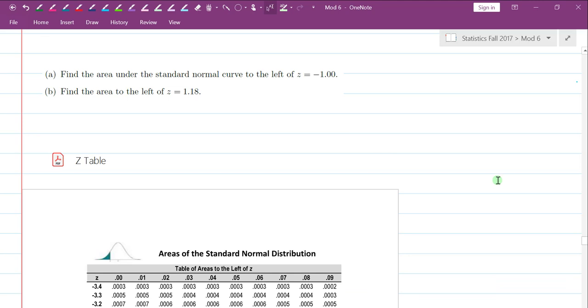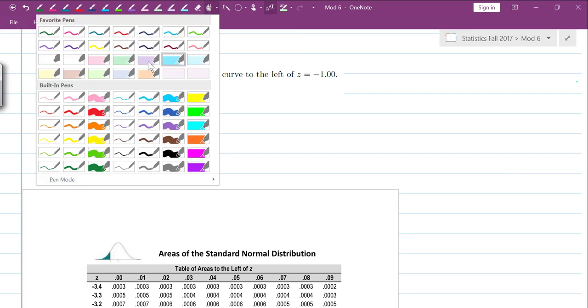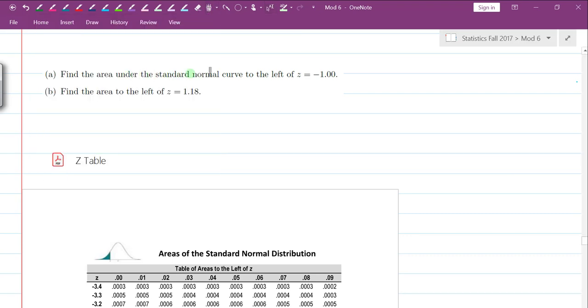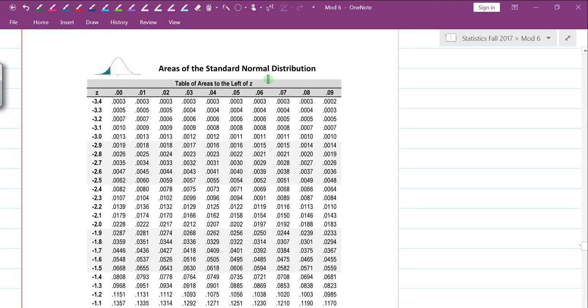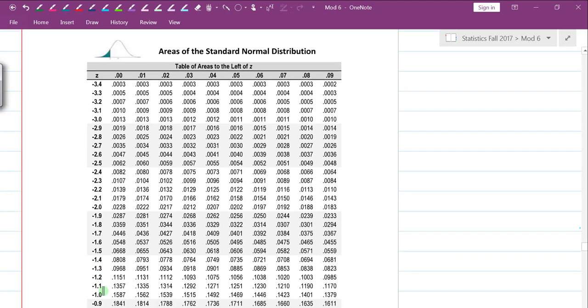Okay, here we go. It says, find the area under the standard normal curve to the left of z equals -1. The key part here is that we want it to be to the left of -1. So let's find -1 on our table. Here's our z table, and we're going to come down till we find -1.0. We don't need anything in the hundredths, so it's going to be this right up here, and we look at the intersection of the two points.